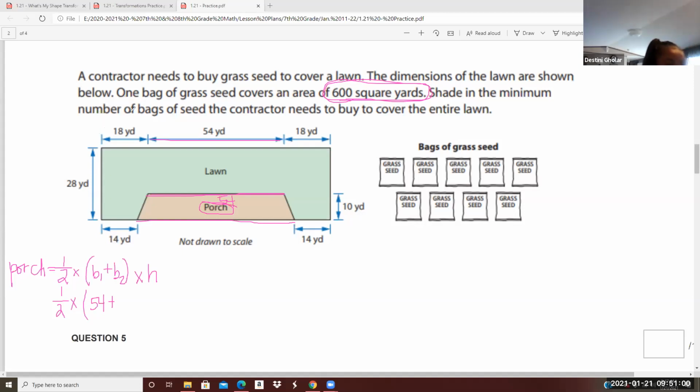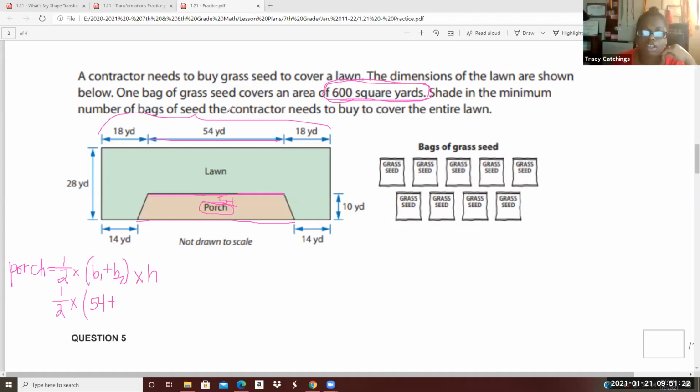All right, think about all of it. Did anybody figure out what all of it is? Somebody add up 18, 54, 18. 90. 90, great.